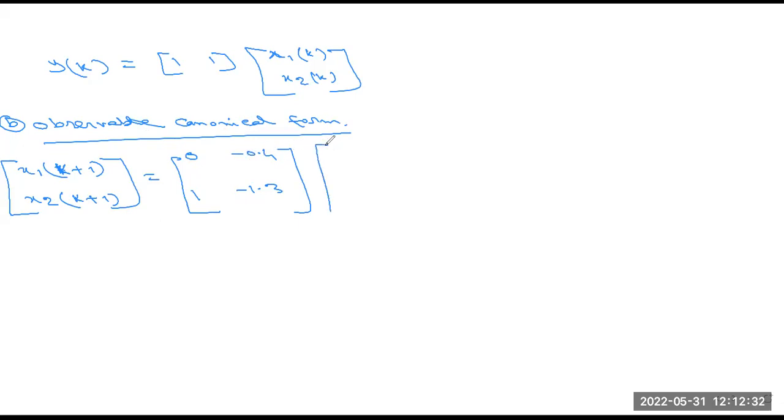This is for x1(k) and x2(k). The same 1 and 1 for u(k) is the input matrix of the observable canonical form.